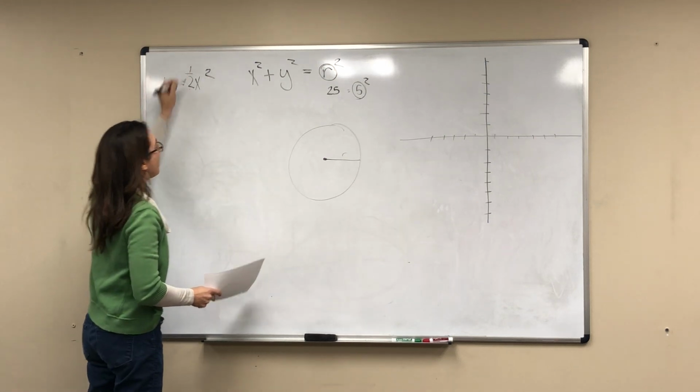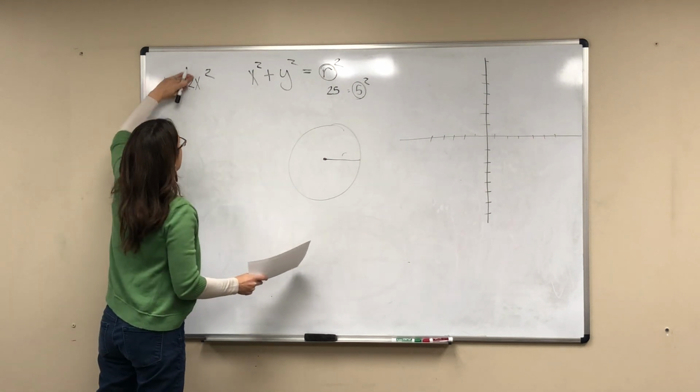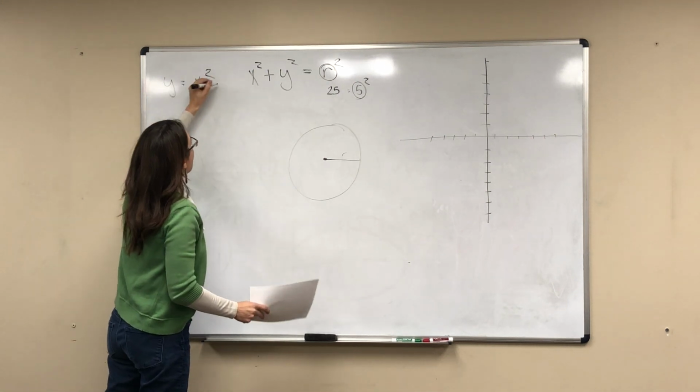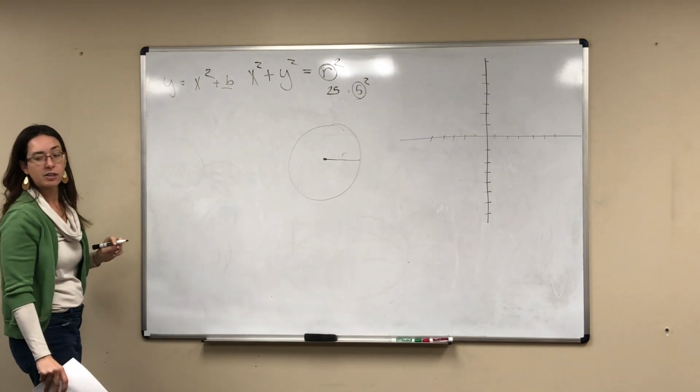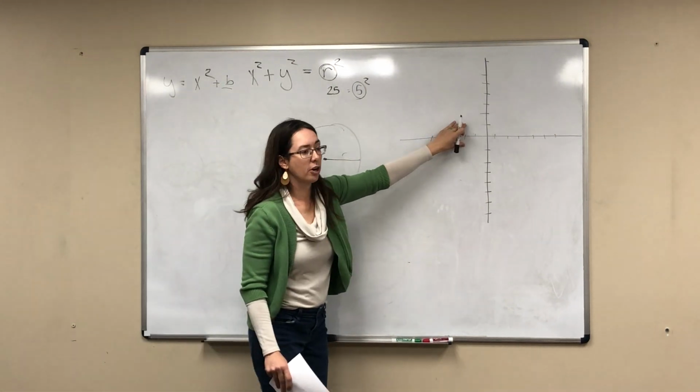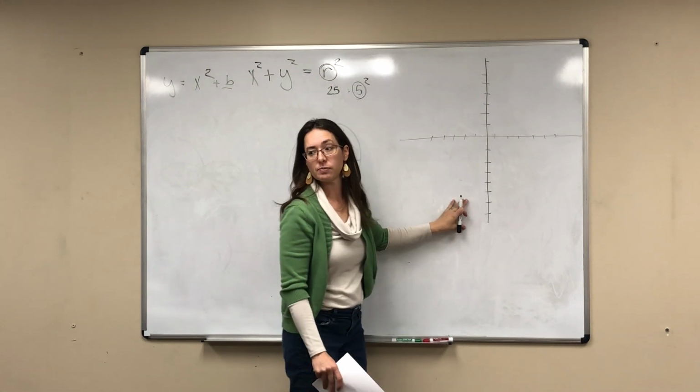If I added 1/2, it made our parabola wider, okay. If I added a number onto the end, what did it do to our parabola on our graph? It shifts it up and down. Okay.